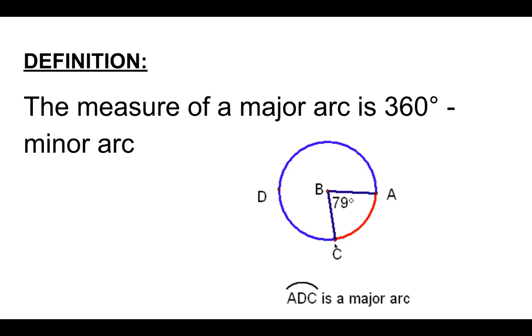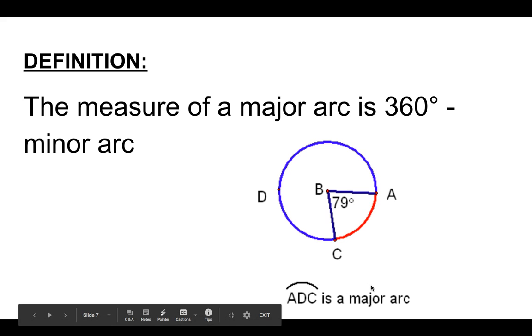Now, we know for certain that circles always equal 360 degrees. So if we know that this angle here is 79, we just take 360 and subtract 79 degrees, and that would give us the measurement of this arc here, which is our major arc, arc CDA, or going the other way around, ADC. So arc ADC is our major arc.